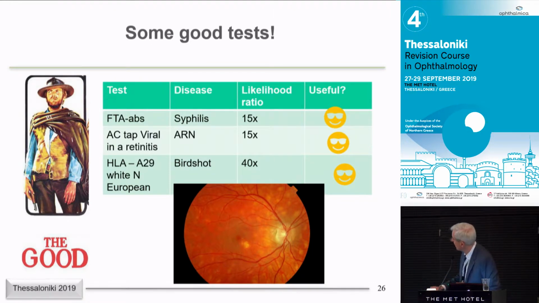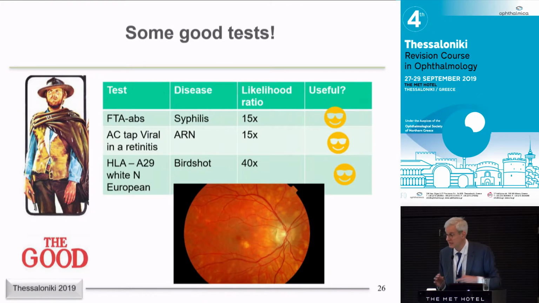And of course, the other disease we all know about is birdshot, which has an extraordinarily strong linkage with the A29 haplotype. It's the strongest in medicine. So in ophthalmology, we have the strongest HLA association. So if you see a patient, again, you shouldn't be blanket testing all your patients for A29, but if you see a Northern European, this is not generally a disease of Mediterraneans.